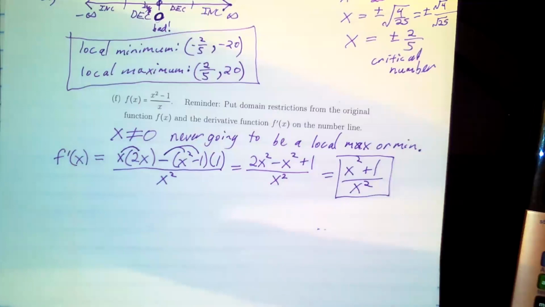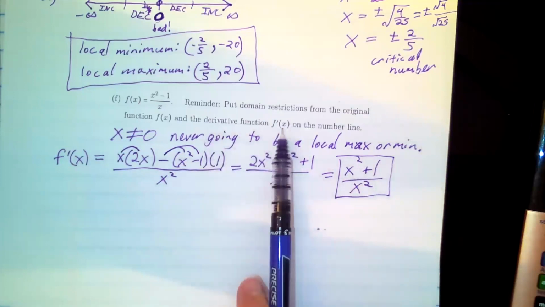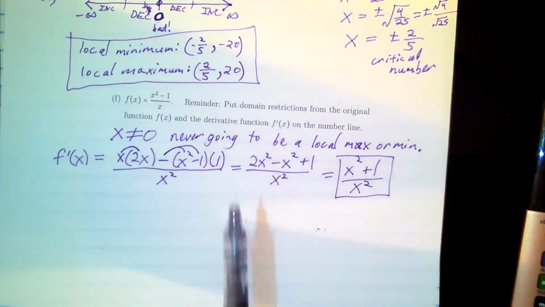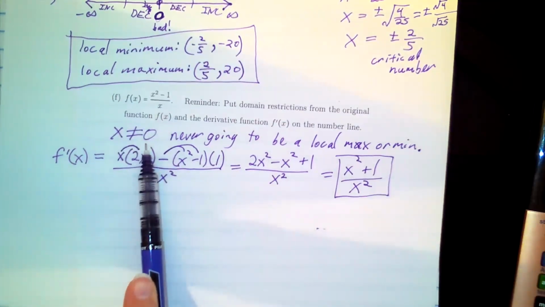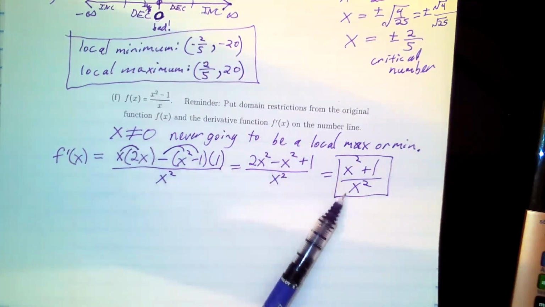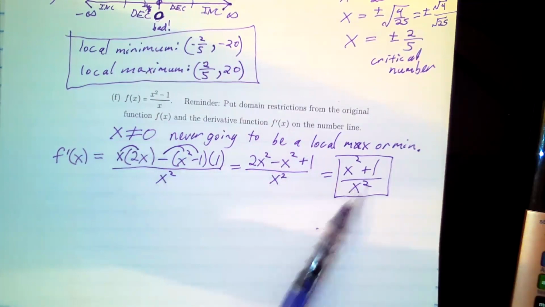So while we're here, let's do our analysis. Remember, critical numbers also come up if there are any new domain restrictions on my derivative. So my original domain restriction is x can't be 0. Is that still the case for my derivative? And it looks like, yeah, I still can't plug in 0 there because I'd get 0 squared in the bottom.